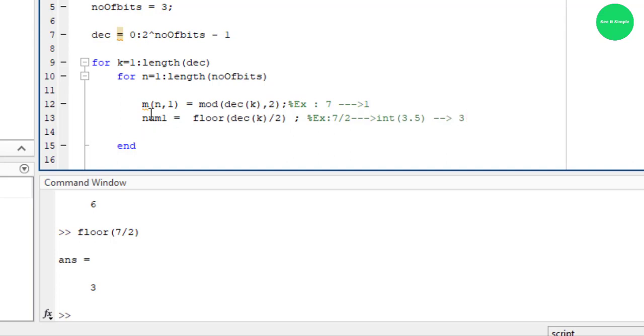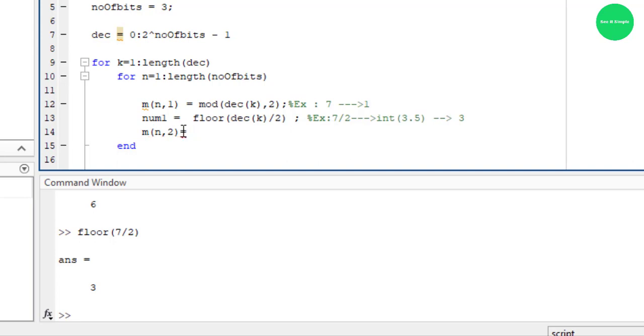Then we put the first remainder and we divide the quotient again by 2, and we have to divide it again.